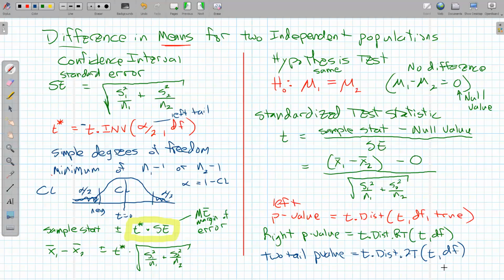There is a slight catch on this one I mentioned last class or the class before. In both the right tail and two tail, they expect the t to be a positive number. So if you think you're doing a right tail but you get a negative t, something's wrong with that situation. So either you don't have a right tail or you made a mistake in calculating the t-score.